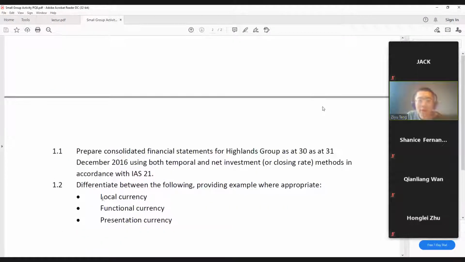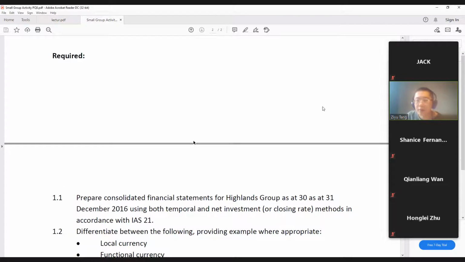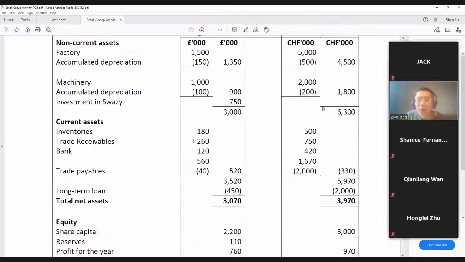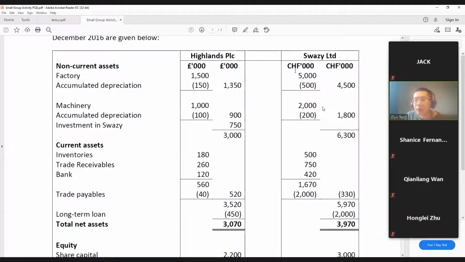So after the second, let's discuss how to prepare the consolidated financial statement of this Highlands Group. Basically, you need to translate the subsidiary's statement of financial position from CHF, which is Swiss franc, to British pounds, right?